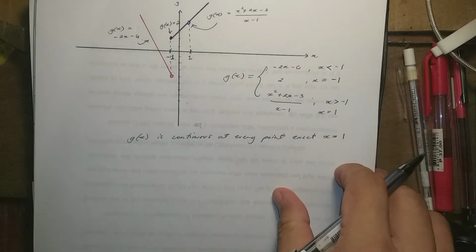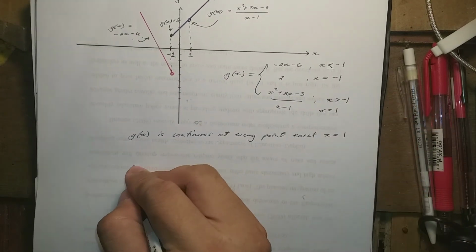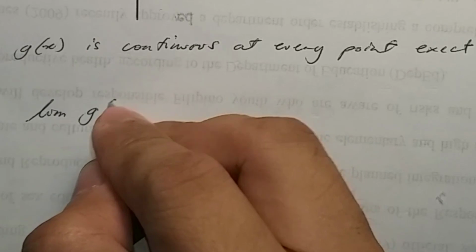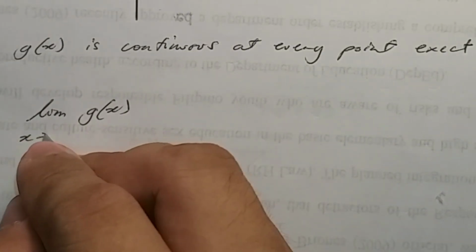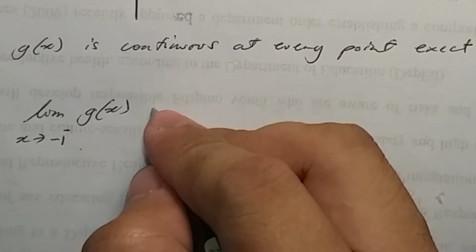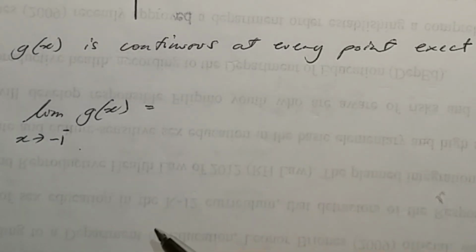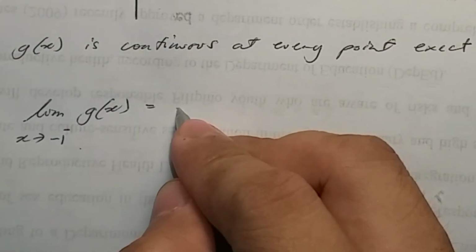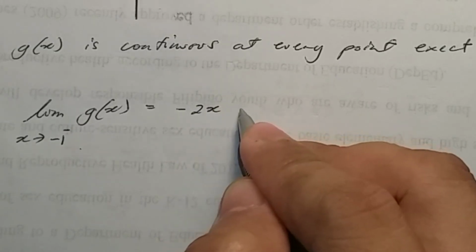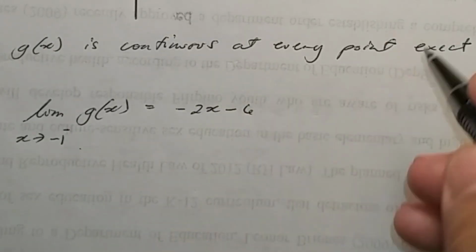To do that, let us take the limit of g of x as x approaches -1 from the left. As we can see in the function, at x approaching -1 coming from the left, we have the function minus 2x minus 6.